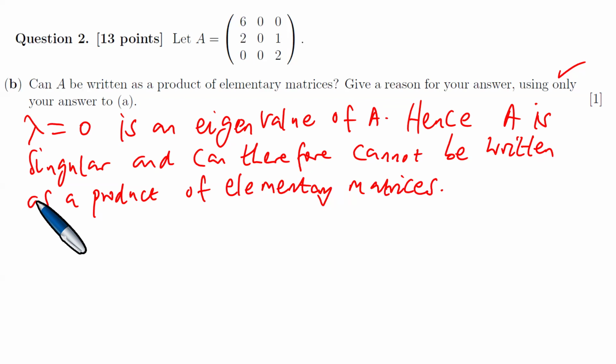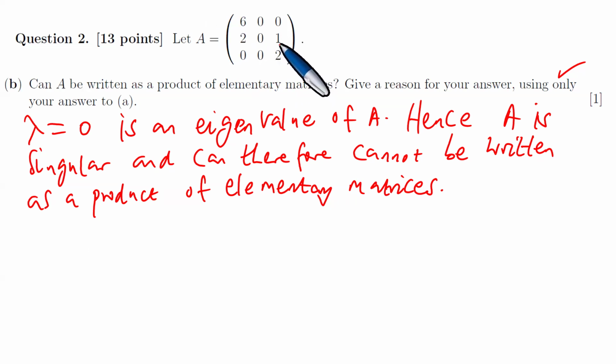What are the other reasons? Other reasons, obviously different from using A, would be that the determinant of the matrix is 0.